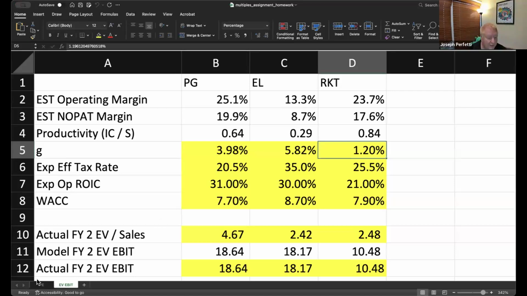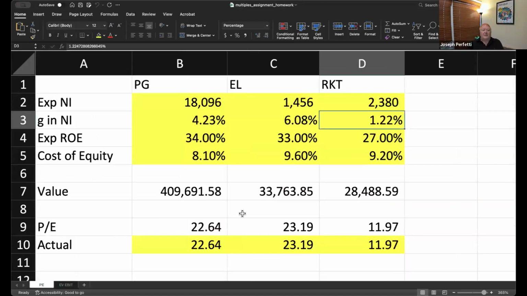Right, so let's start out with Zoom Go. Let's start out with the data. So for Procter & Gamble, Estee Lauder, and RKT, basically, this was the second year EEO net income.